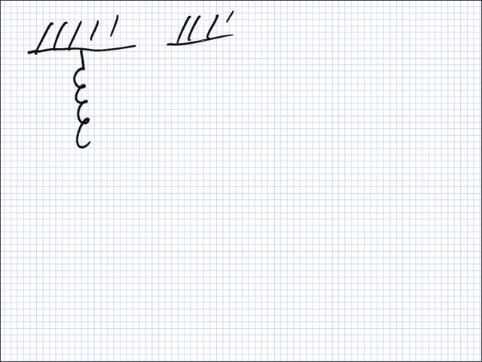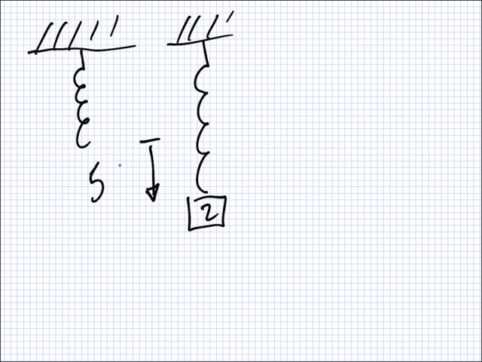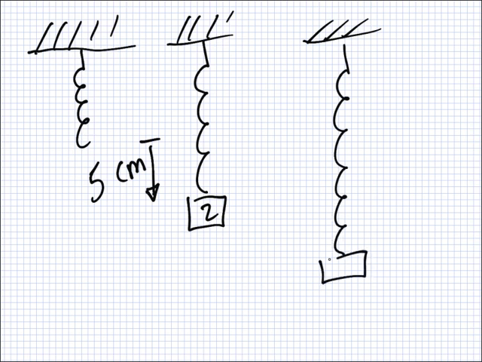So you have a picture here. In this picture, when we put the 2 kilograms on it, what happens? It extends by, we said, 5 centimeters, wasn't it? Then somebody pulls it down an extra 1 centimeter.